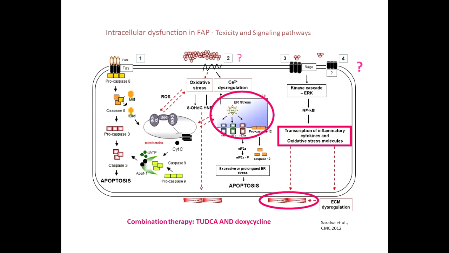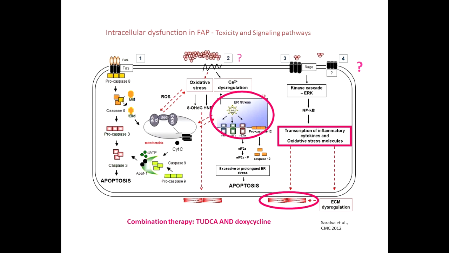So anyway, we concentrated and tested different hypotheses, namely ER stress, and as well this transcription of inflammatory cytokines and metalloproteases. So we know there is an extracellular matrix deregulation. Metalloproteases are activated. And so we developed combination therapy to see if counteracting ER stress, which we did by a biliary salt called TUDCA, tauroursodeoxycholic acid.